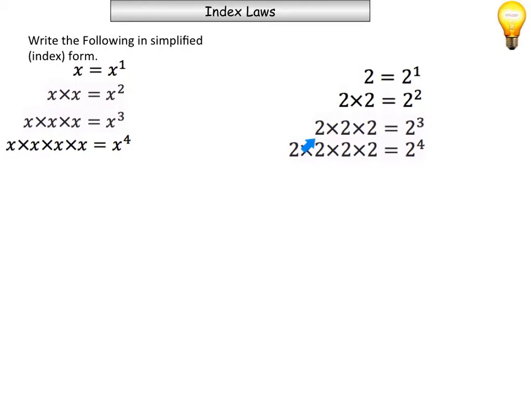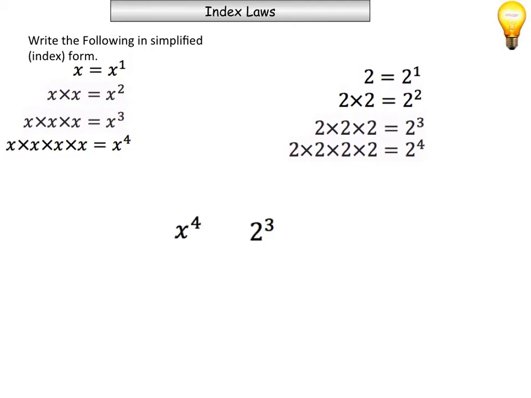If we have 2 multiplied by itself 3 times, then we have 2 to the power of 3. X multiplied by itself 4 times, x to the power of 4. 2 multiplied by itself 4 times, 2 to the power of 4. If you have 2 multiplied by itself 1,000,000 times, then it would be 2 to the power of 1,000,000. So it's really important that we understand that.